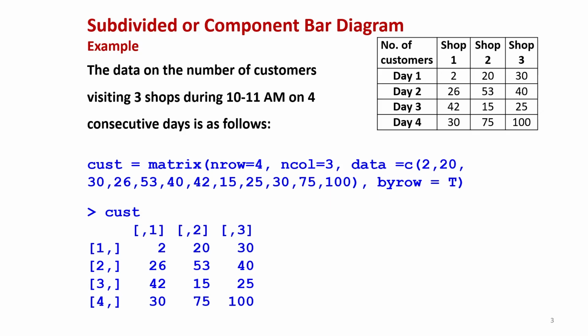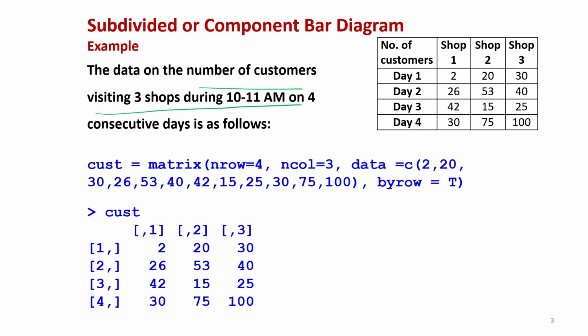In order to explain this subdivided or component bar diagram, let me take an example by which I can easily explain under what circumstances this type of graphic can be created. Suppose we have data on the number of customers visiting 3 shops during the time period of 10 to 11 a.m. on 4 consecutive days.